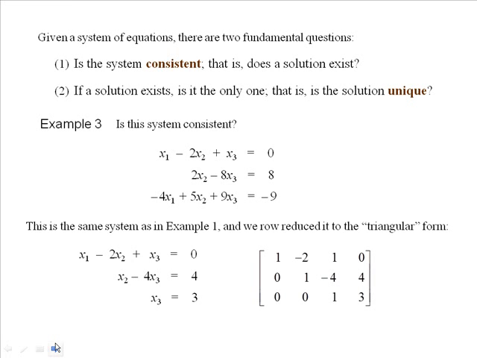At this stage, we can see that a solution exists and that it's unique, that it's the only solution. So we ended up here seeing that x3 was equal to 3, and we could back substitute and find x2 and find x1 and see that we get one value for each variable. So we have a solution and it's the only solution, so it's unique.